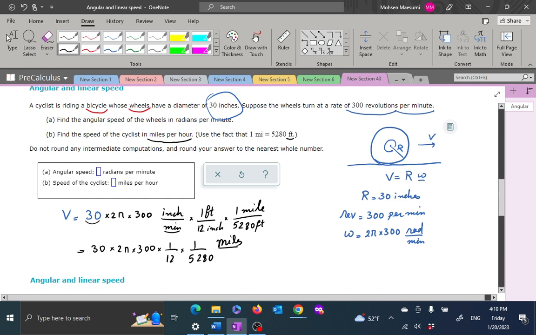We are still per minute. We still have to do one more conversion. How do I convert from minutes to hours? Well, 60 minutes is equal to 1 hour. So the minutes now cancel. The velocity that I get is going to be equal to this number.